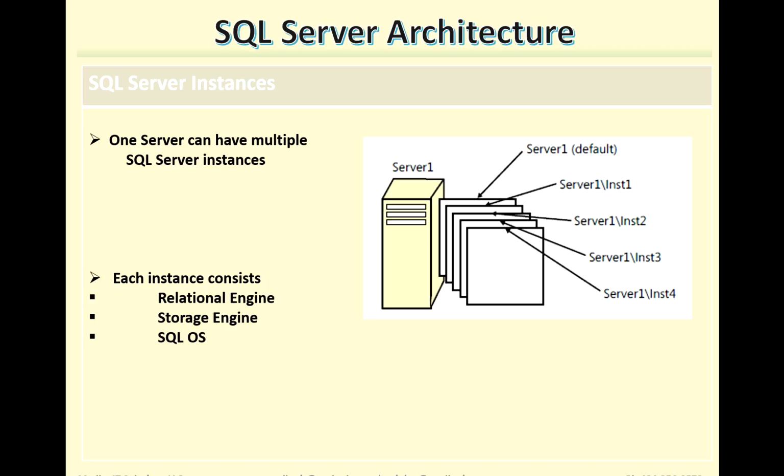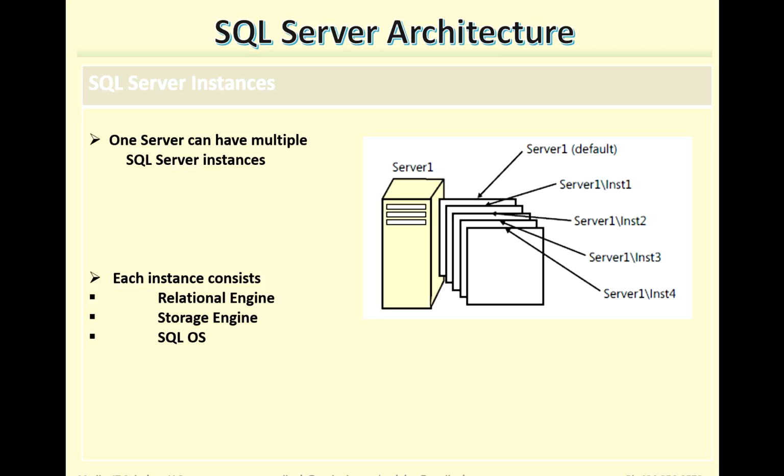Okay, then SQL OS. What is SQL OS? SQL OS is responsible for talking to the operating system. When we want to perform any activity on SQL Server, let's say we want to insert data, extract some data, or modify some data, all these are activities.